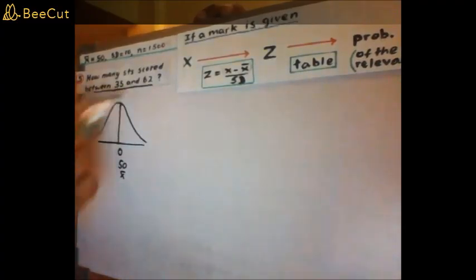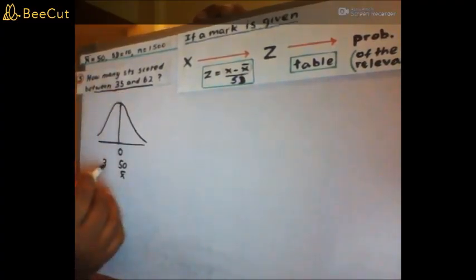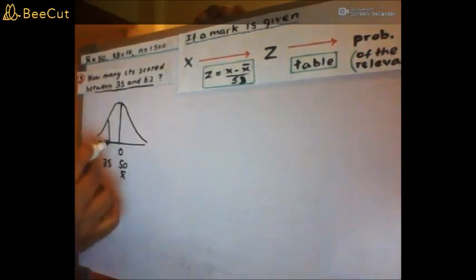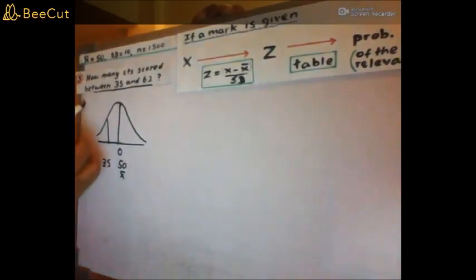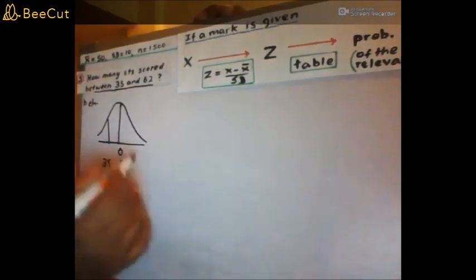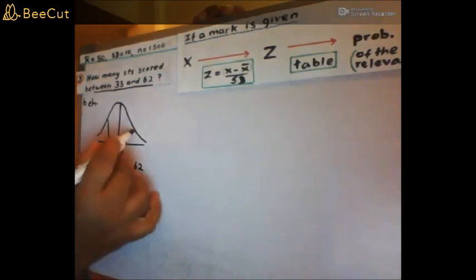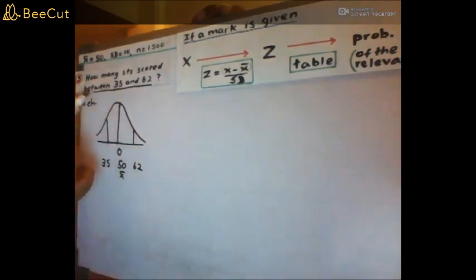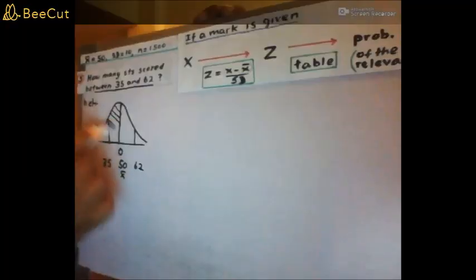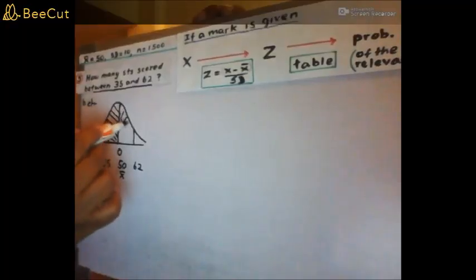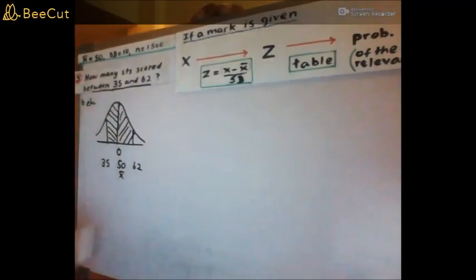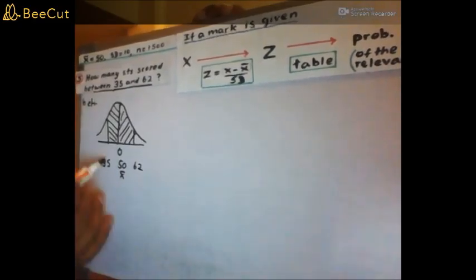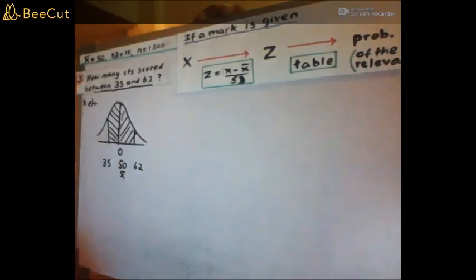Between 35 and 62, 35 is here, and 62 here. By the way, you'll have to write the condition: between 35 and 62. Now, by looking at this, you know what to do. You have to find the Z values, then the probabilities, and then multiply that by the total.